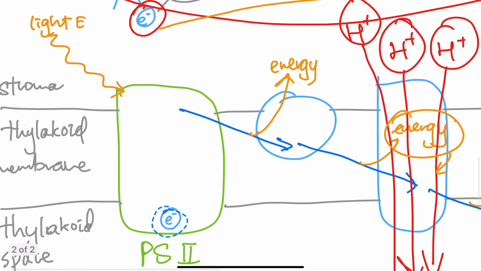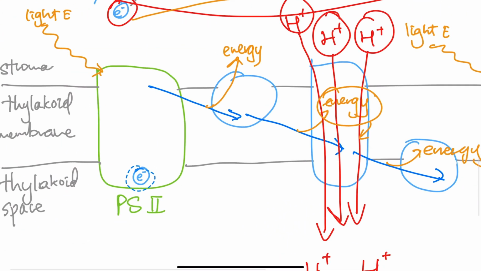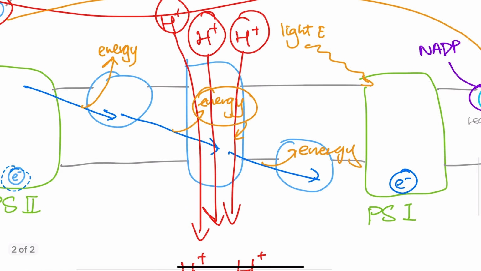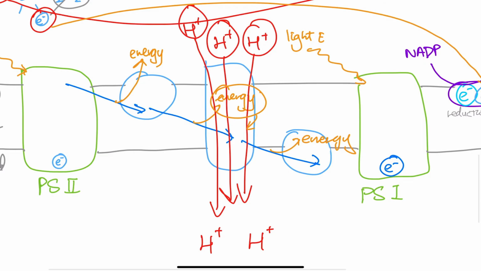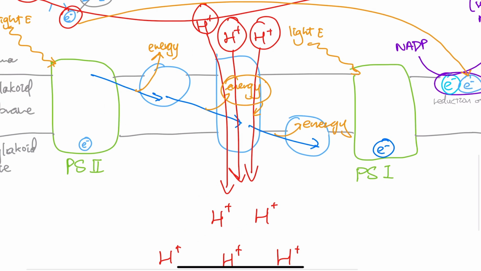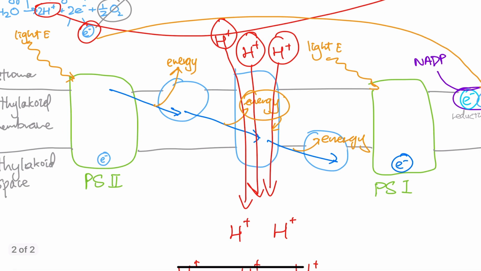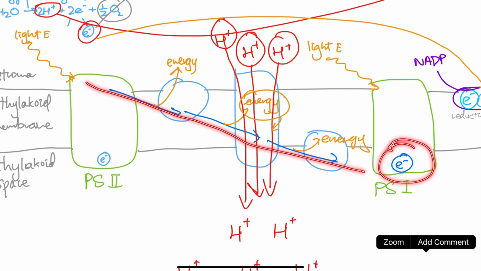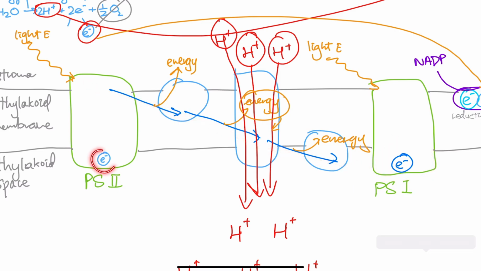And this is how the reaction repeats itself, because the electron that I previously had in the photosystem 2, I have moved it down this chain of electron carriers to photosystem 1. But now I have to replace a new electron in the photosystem 2. So that's where it came from.